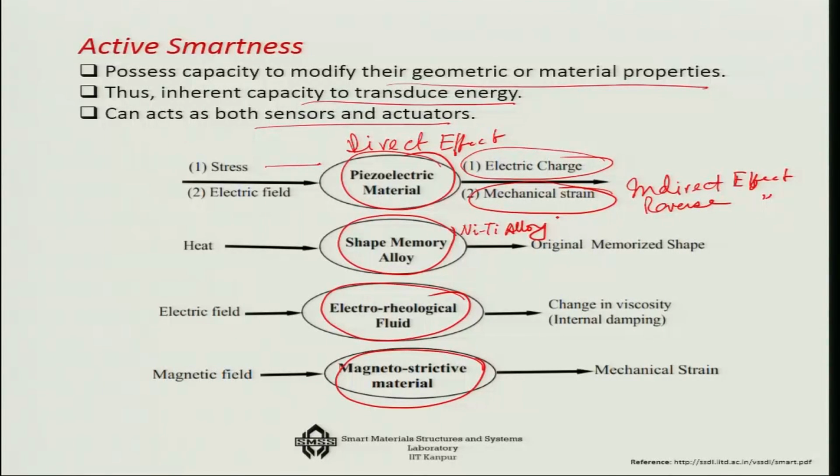These two of course respond to the electric field or the thermal field in terms of changing mechanical strain. But there are some materials like electrorheological fluid where if you apply the electric field, you will see a change in viscosity.